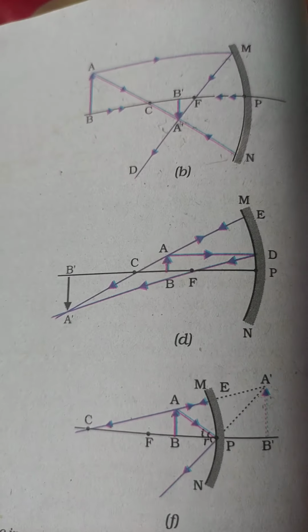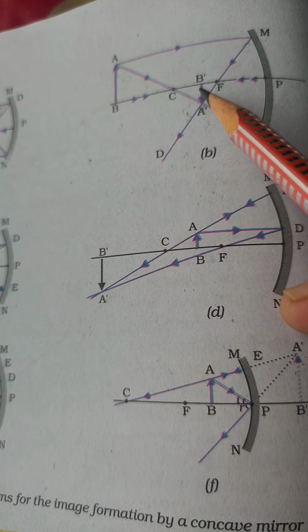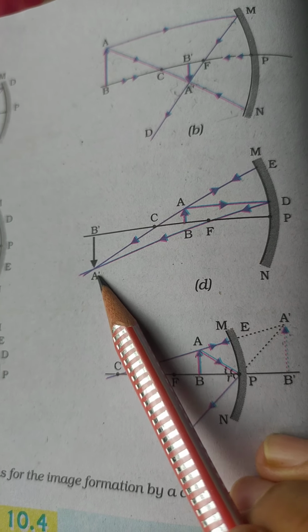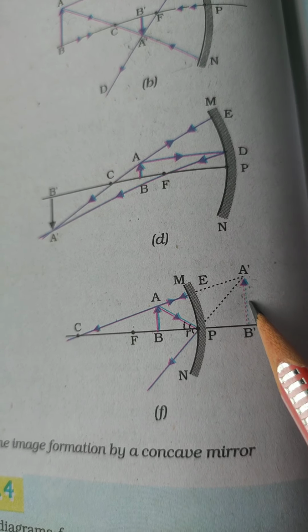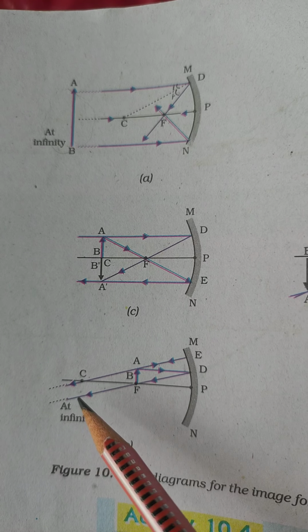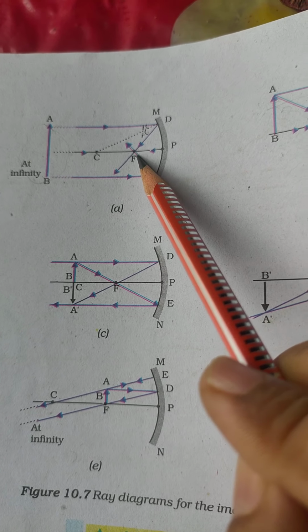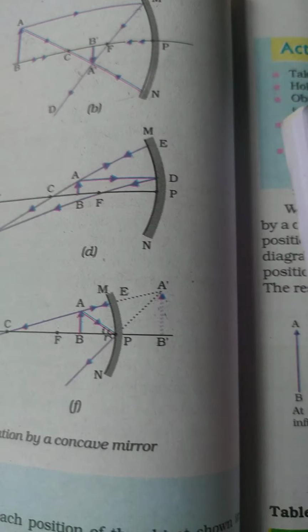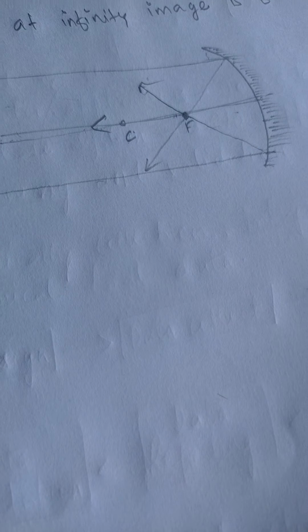In the other cases we see a certain height of the image, but here we just see a point, because in this case the image is very small, point sized. It is a real image, because real reflected rays of light make this image. The image is also inverted, because real images are always inverted.